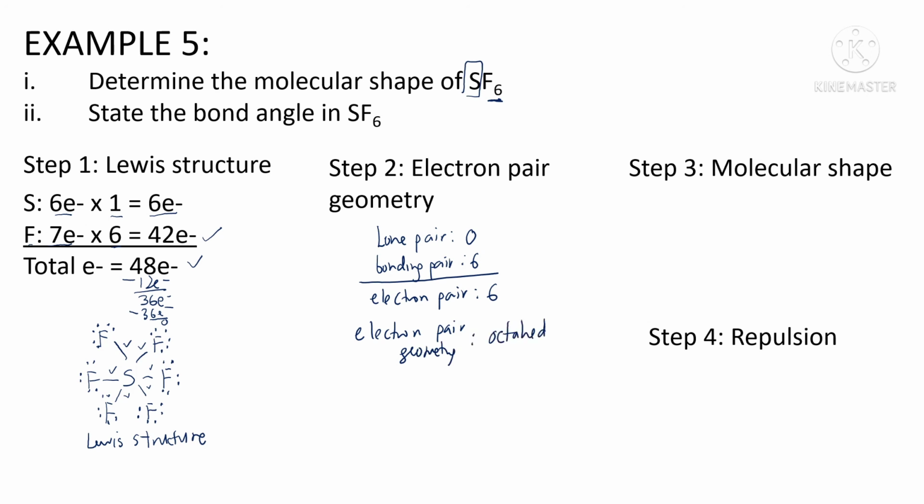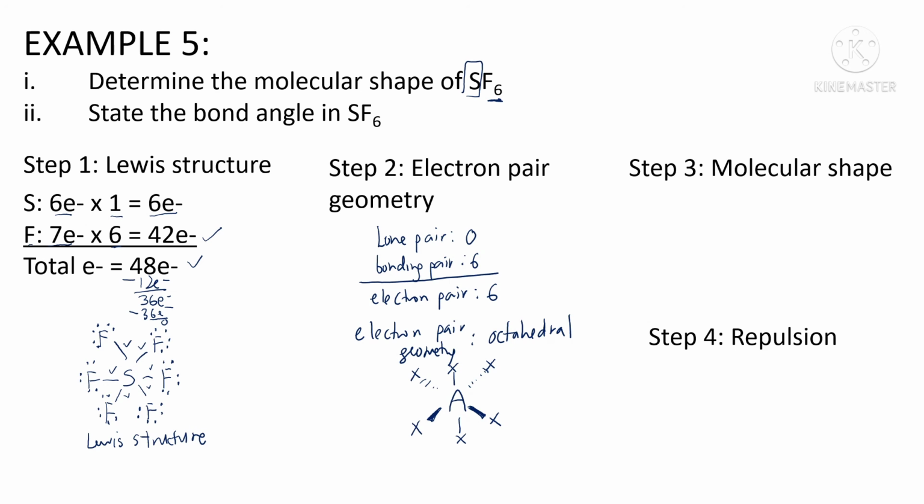By having total electron pairs equal to 6, that means SF6 has an electron pair geometry of octahedral. So octahedral, how to draw octahedral? Central atom, 1 bonding pair on the top, 1 at the bottom, 2 pointing towards us, so we need to draw using the solid wedge, and then 2 pointing away from us.